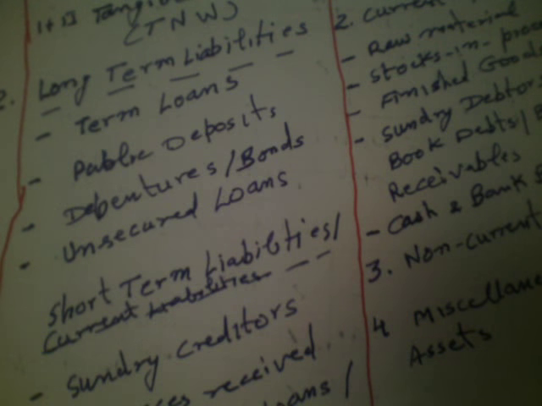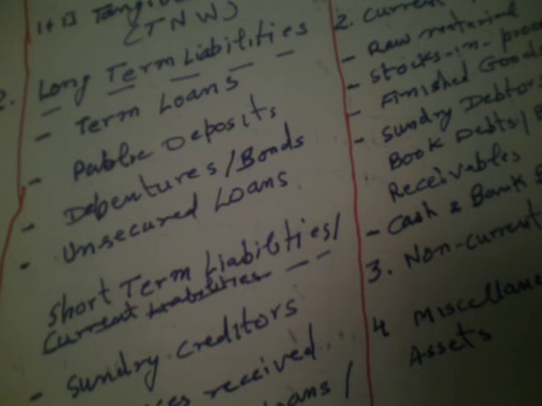Sundry creditors are nothing but the current assets or stocks, inventory, raw material, etc. purchased on credit from the market, and the suppliers of these materials are known as sundry creditors.